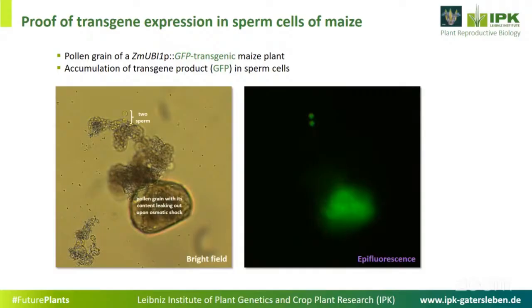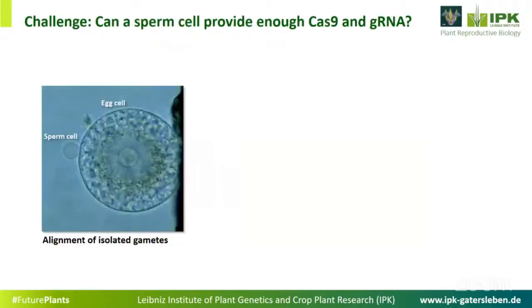So the next question is, is the sperm cell big enough to bring in the active agent? And here I show you another part of my former life when I isolated those gametes. I also did in vitro fertilization, and here you clearly see on the right-hand side, the egg cell is a huge cell, and the sperm cell is actually a dwarf in comparison.